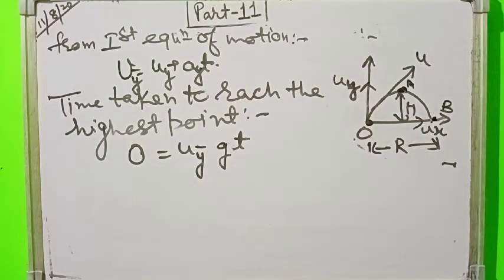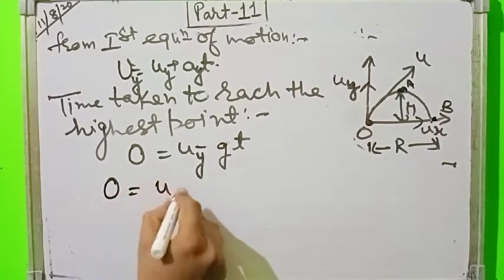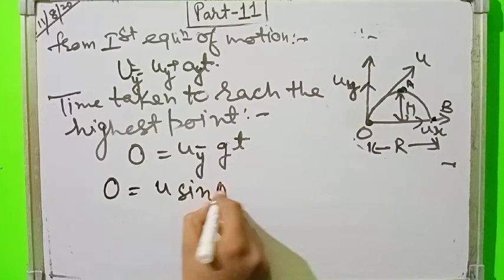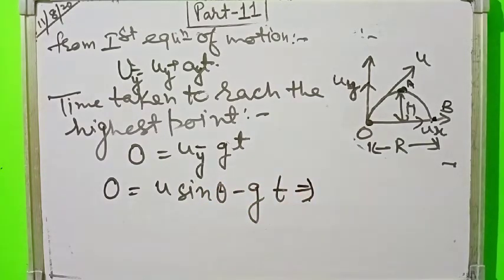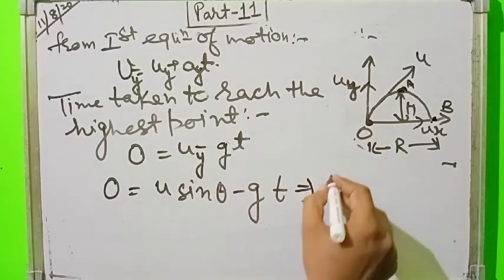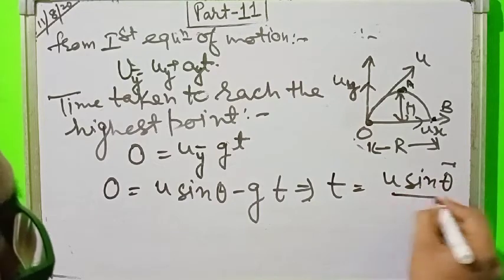So Uy is equal to u sin theta. So 0 is equal to u sin theta minus gt, and from here we can calculate t is equal to u sin theta upon g.